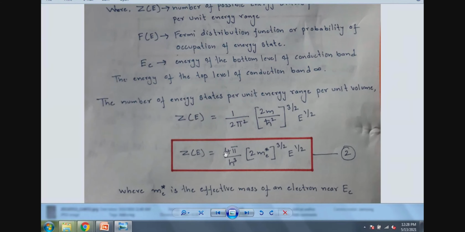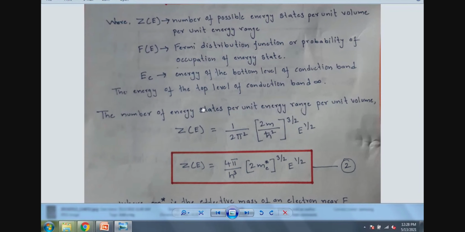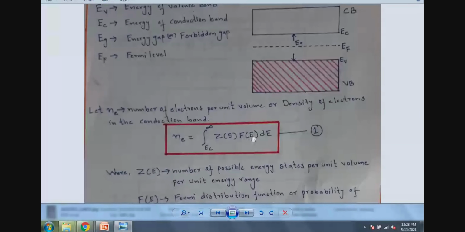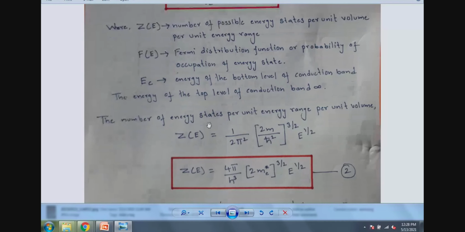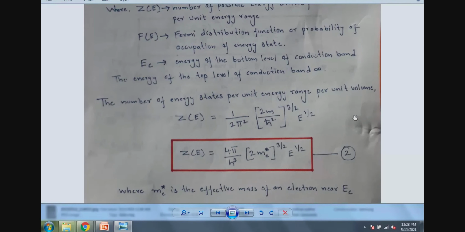Now let us find F of E, that is the Fermi distribution. All of you copy this up to equation 2, make it fast.